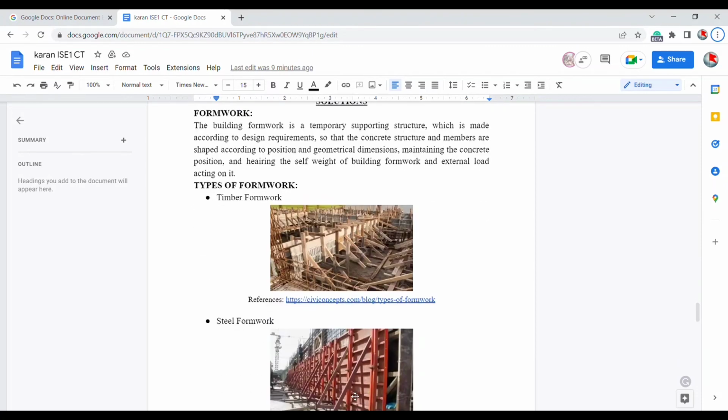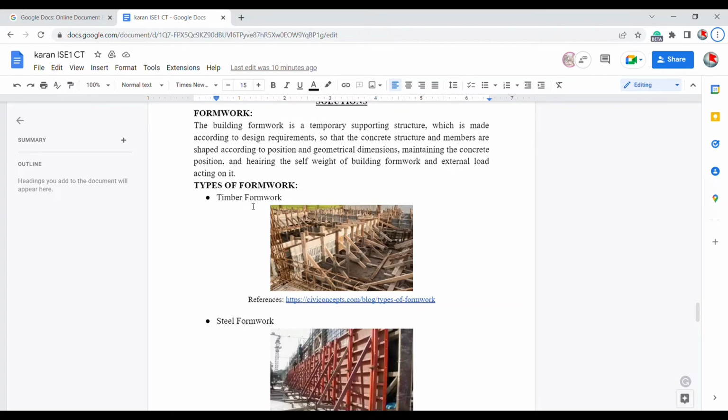These are some types of formwork which we can use for preventing deformation. The first type is timber formwork, but we are not going to use these types. These are just the types of formworks.